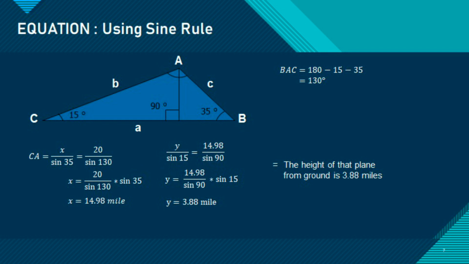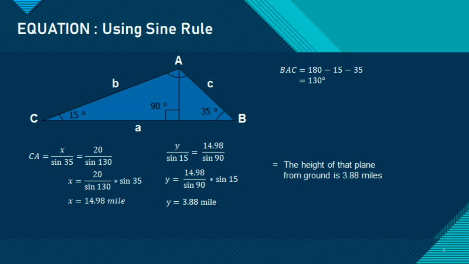After that, I want to calculate the side CA. I use the sine rule to calculate CA as x over sine 35 equals 20 over sine 130 degrees.